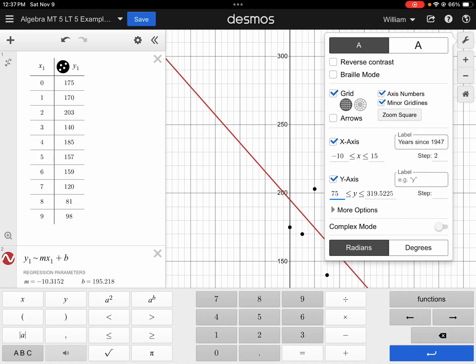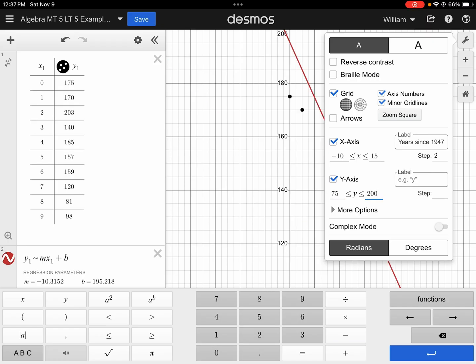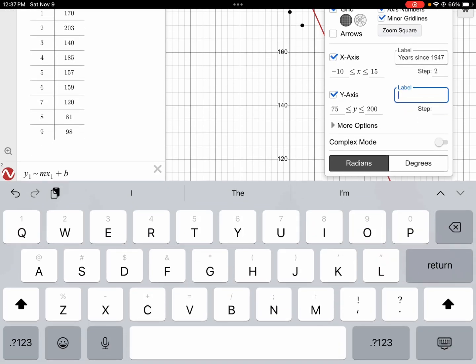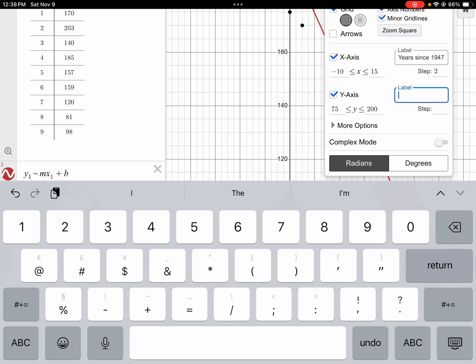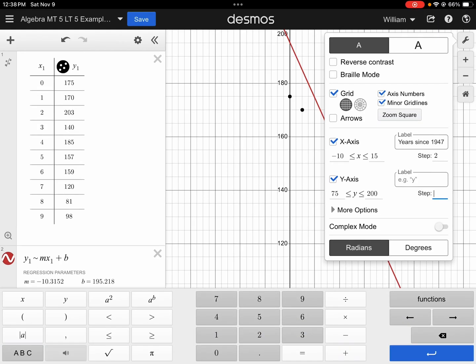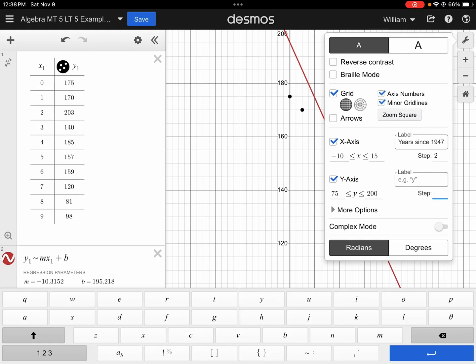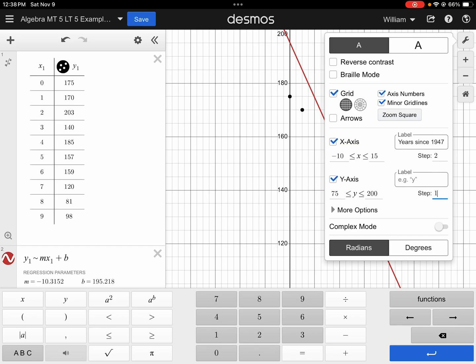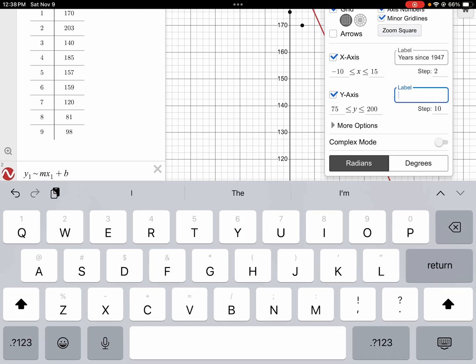His most was 175, so I'm going to go up to 200. And then maybe I'll count by, let me see, 175 to 200 is 125. So how about if I put a tick mark every 10? That way I can see it. And then I'll label, that'll be the hits.